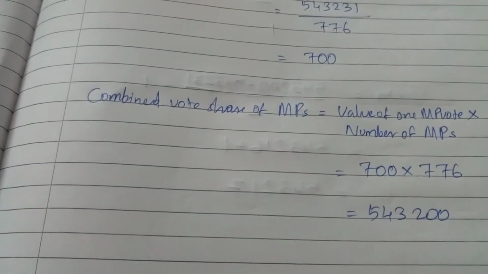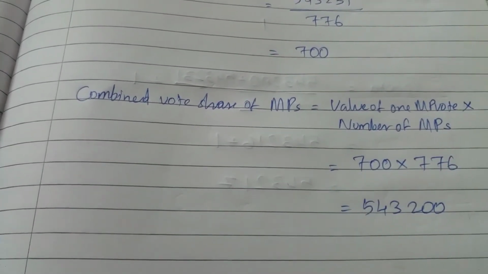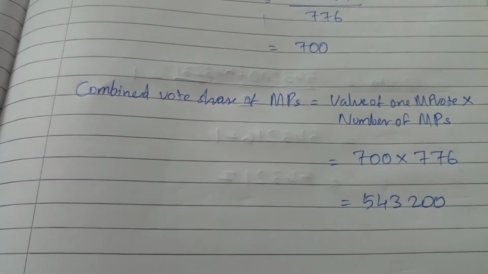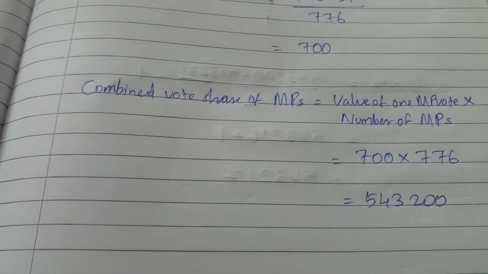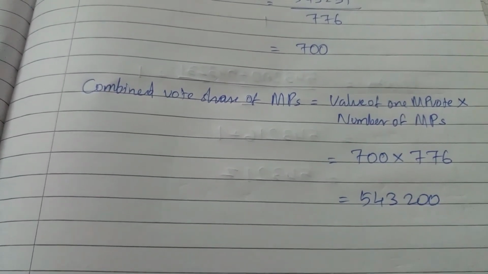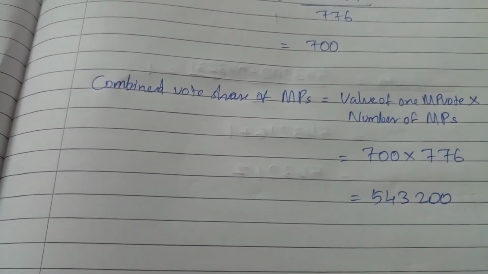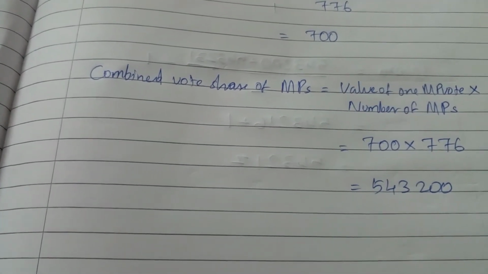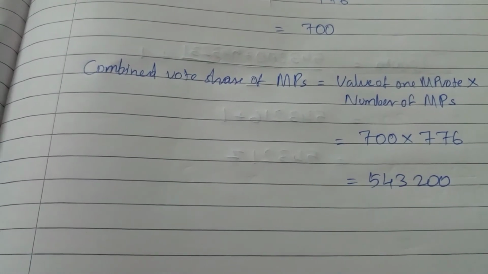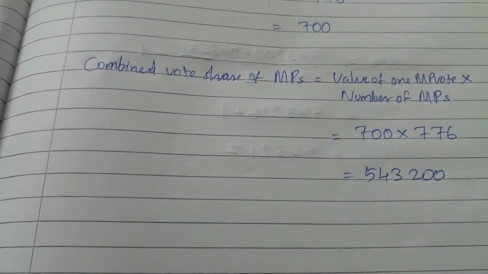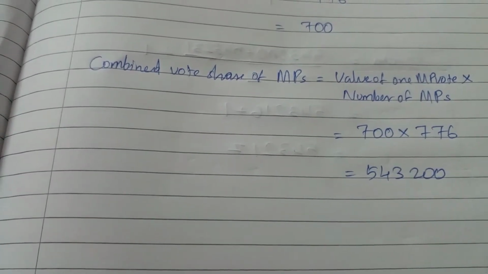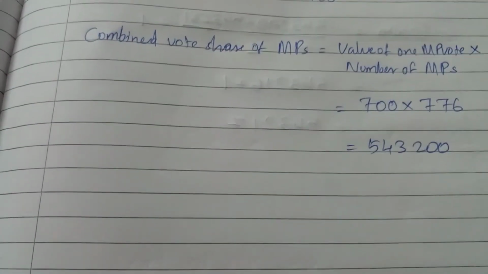So, let us calculate the combined vote share of all the MPs in India. It is by multiplying the value of one MP's vote by the total number of elected MPs in India. That is, the value of one MP's vote is 700 times the total number of MPs, 776, and the combined vote share of all the MPs in India comes to 5,43,200.